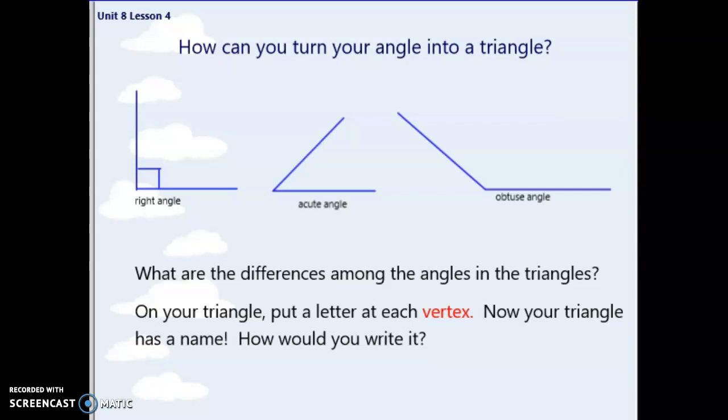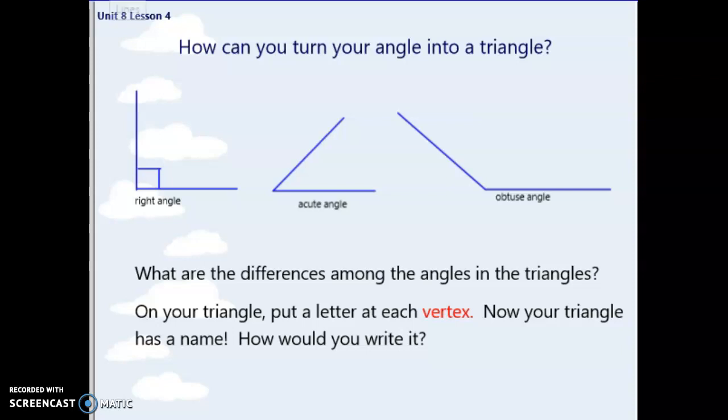So what are the differences among the angles? Well, a right angle we know is 90 degrees. An acute angle is anything less than 90 degrees. And an obtuse angle is any angle bigger than 90 degrees.